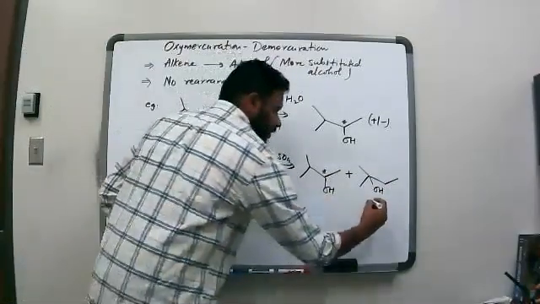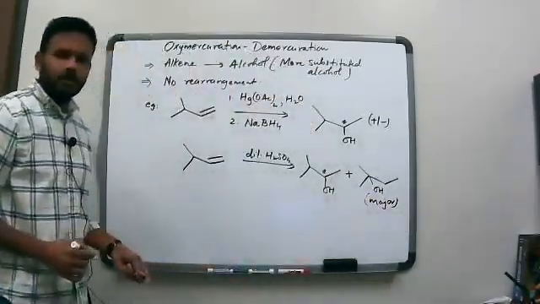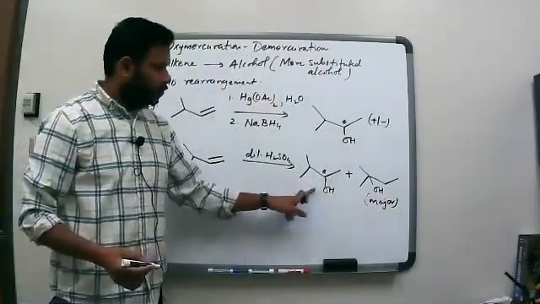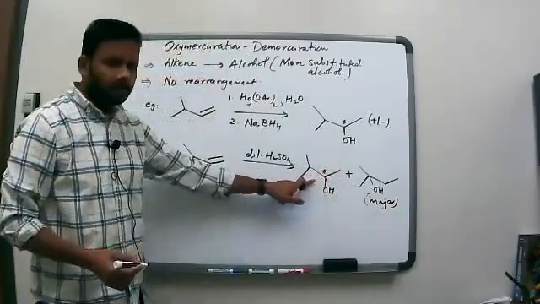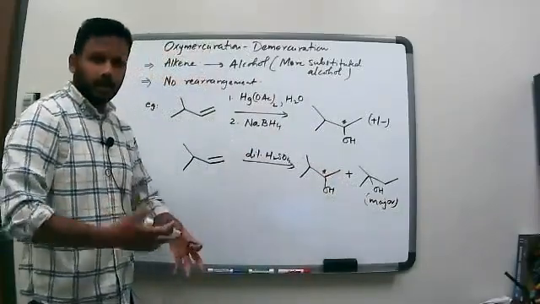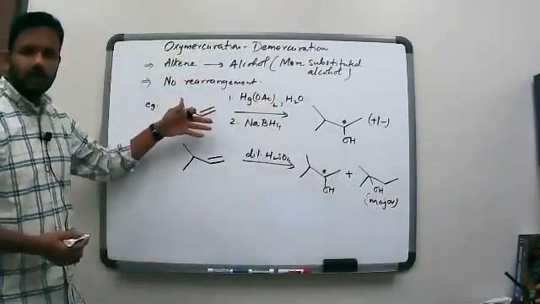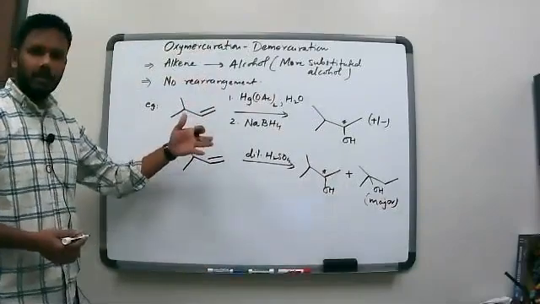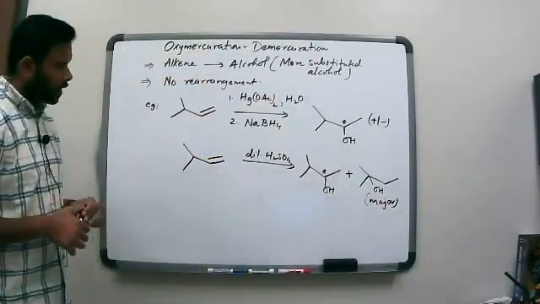In this particular case, the rearranged product would have been our major product. We can actually prevent that from happening and get this alcohol as the major product, if that's what we want. The oxymercuration-demercuration reaction gives us the ability to avoid any rearrangements from happening.